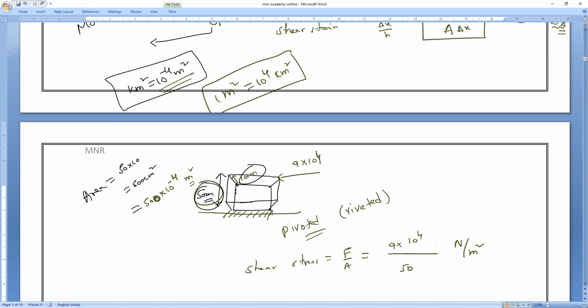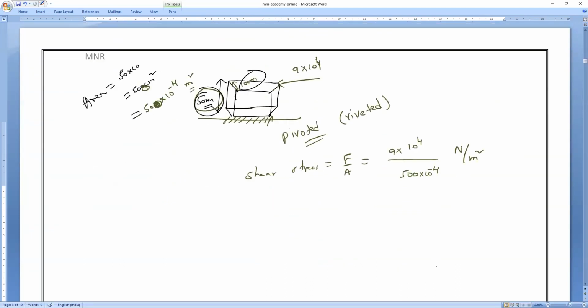So shear stress is equal to, sorry, what is the area? 50 or 500? 500 only. So this is 500, so 500 into 10 power minus 4.